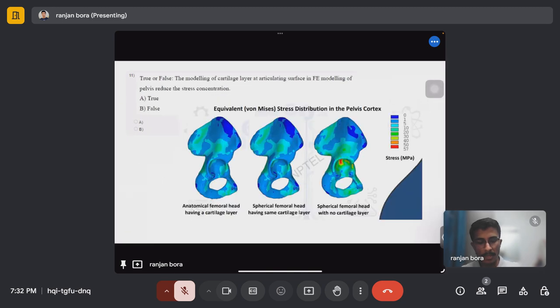So there are some results in the pelvic bone, and these results are with respect to considering the articulating surface and without considering the cartilage layer.